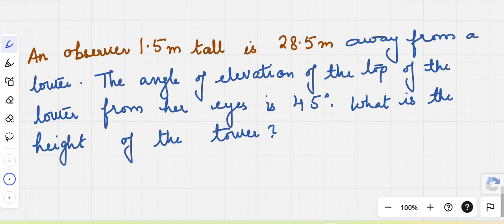Ask if you have doubt. Try to draw it and then see how I'm drawing.